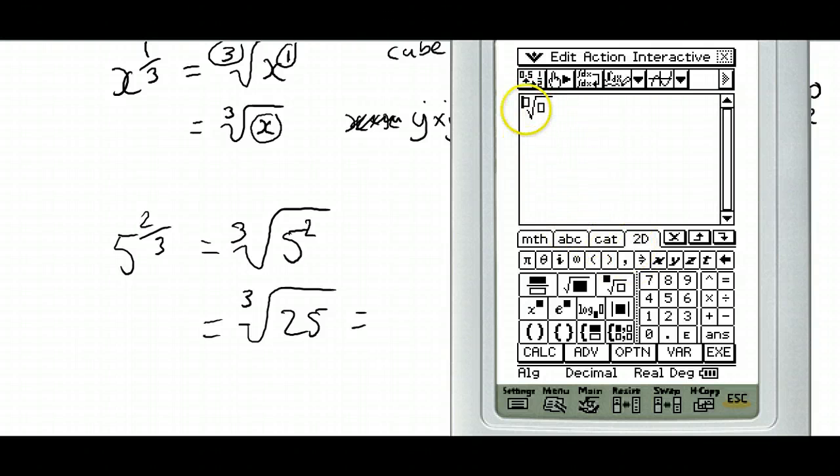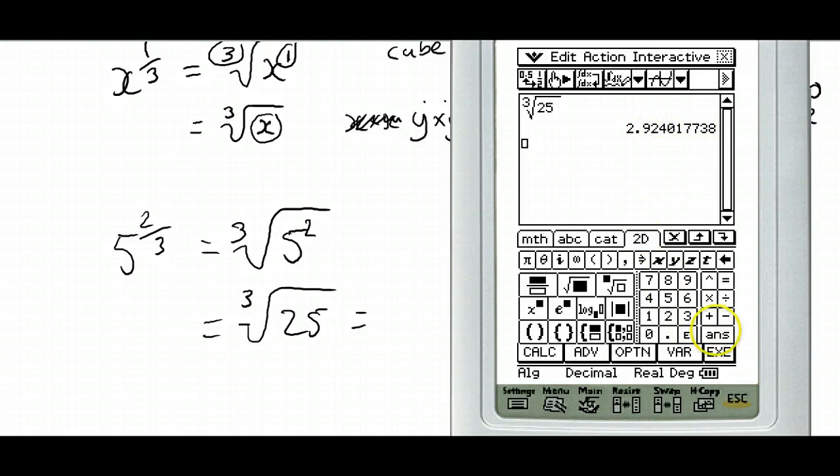So in this case, we want to enter into this box here the 3, because we're doing the cube root, and then inside the root box we put 25. Okay, exactly as it appears there. Then when we go enter, it tells us this number here.